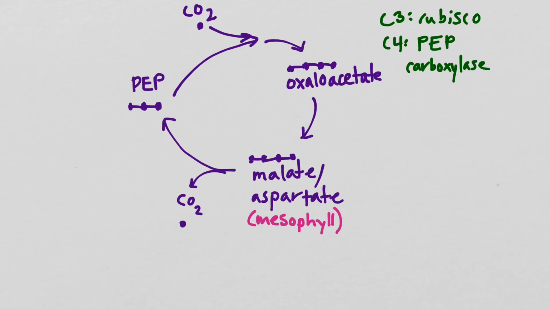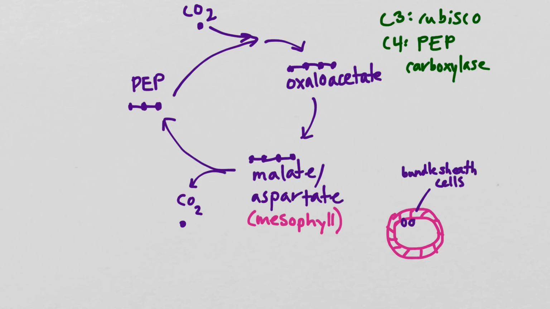It can then be transferred to the bundle sheath cells, which we know are in that vascular bundle or in the vein. If this here is our vein, we know around the exterior will be our bundle sheath cells, and they're going to surround these other tube-like things that will transport water and food, right, our xylem and our phloem.